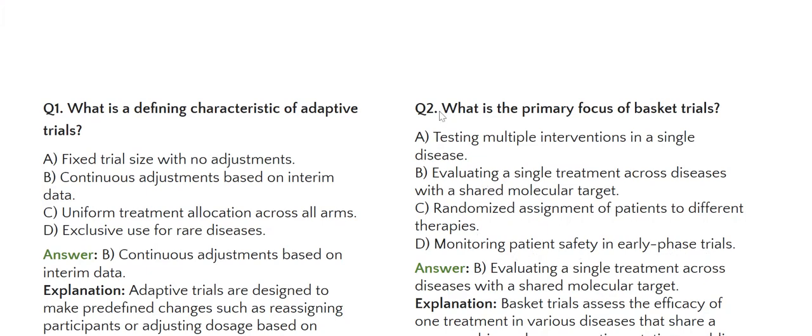So it is between A and B, as A is for the umbrella trials, so B will be for basket, evaluating a single treatment across diseases that share the same molecular target or genetic property. So B is the answer, as basket trials assess the efficacy of one treatment in various diseases that share a common biomarker or genetic mutation, enabling precision medicine approaches.